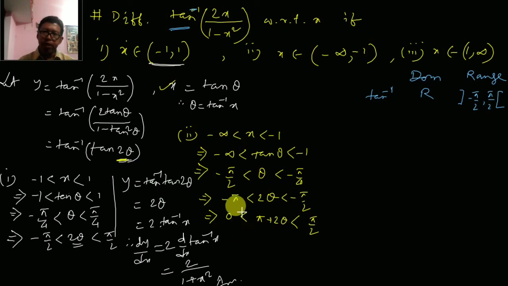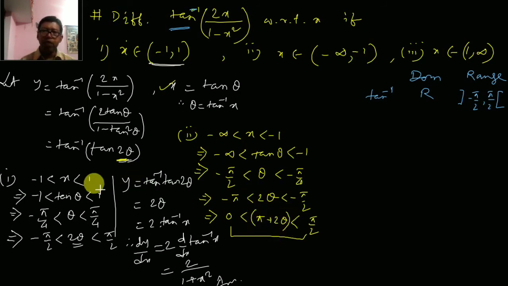Do you understand this one? Just add pi to all the terms of this, that is pi minus pi is equal to 0, pi plus 2 theta is written, and pi minus pi by 2, that is equal to pi by 2. Now you see the range is 0 to pi by 2. That means this is a part of this given range. So this is okay.